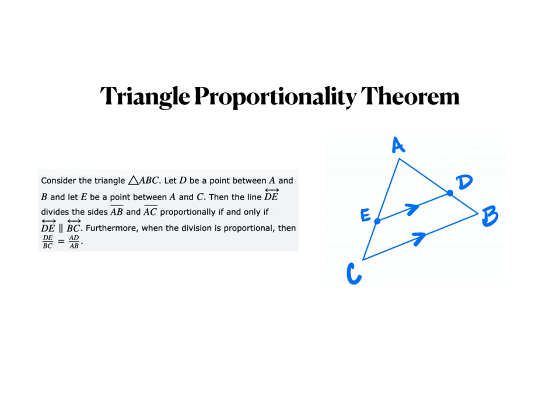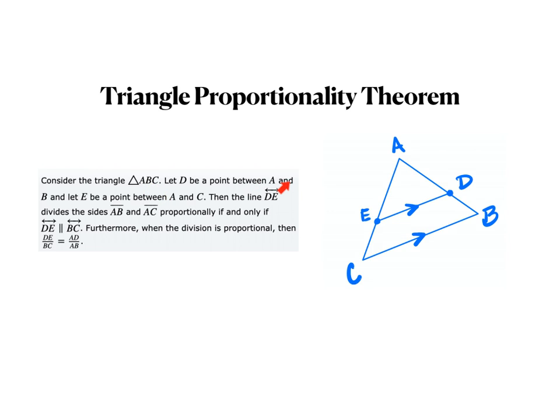So here comes our first triangle proportionality theorem. As I look at this triangle, I have segment ED parallel to segment BC. So it says this. I have my triangle ABC.